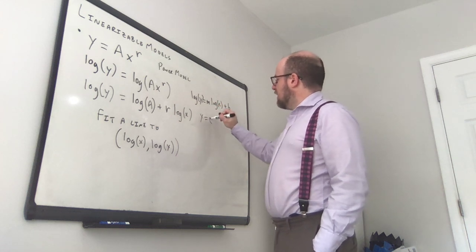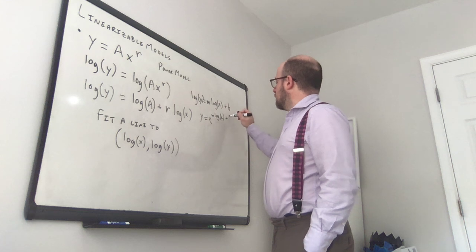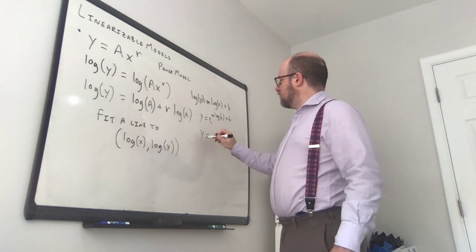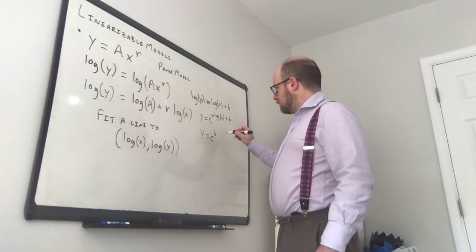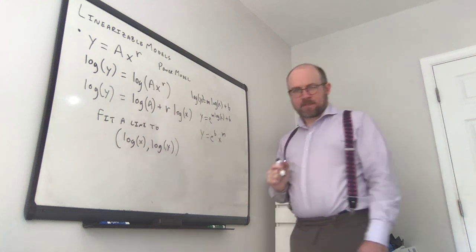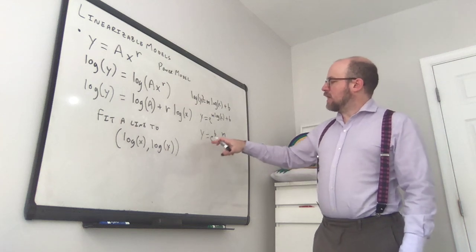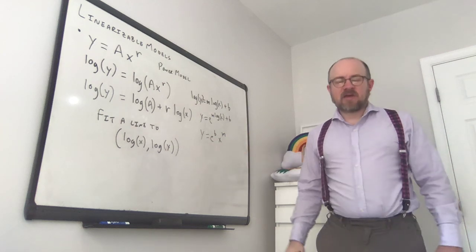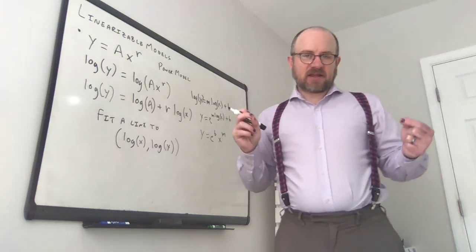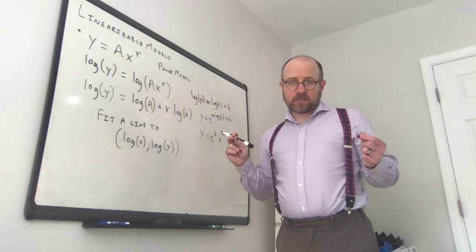So y equals e to the m log x plus b, y equals e to the b times x to the m. Okay? And so that's going to be your actual model, y equals e to the b times x to the m, that fits your original data set. And if you use that to get your predicted values, it should fit your original data. Okay?